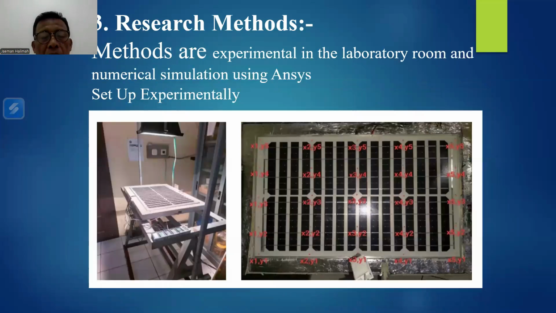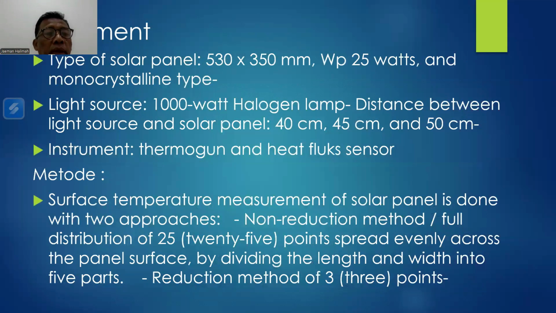Research methods. Methods are experimental in the laboratory room and numerical simulation using ANSYS. This is a drawing of the setup equipment. The solar panel is 530 by 350 millimeter, 24 watts, and monocrystalline type.